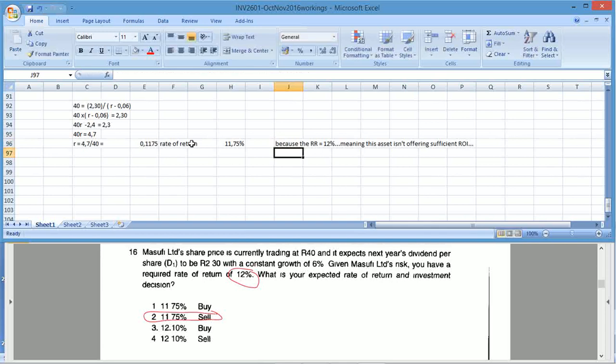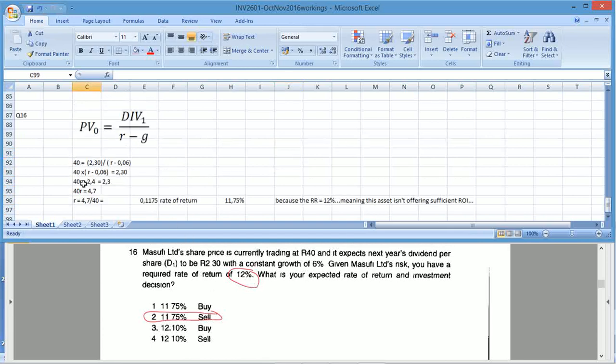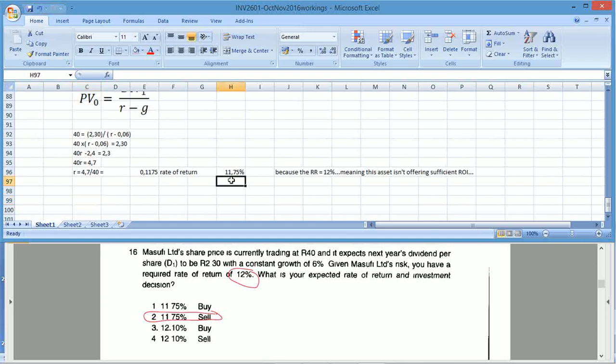It's only going to give you 11.75% when you require 12%. So you would sell this if you're holding it as part of your portfolio. So question 16, option 2, because of what I just discussed.